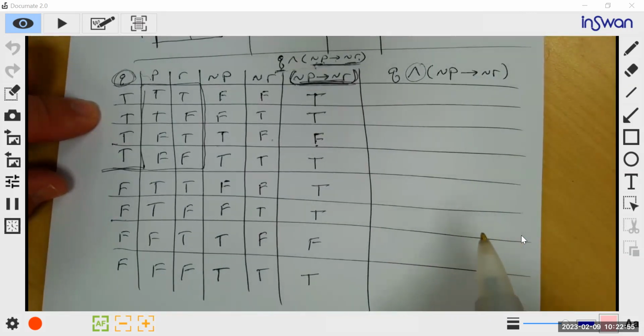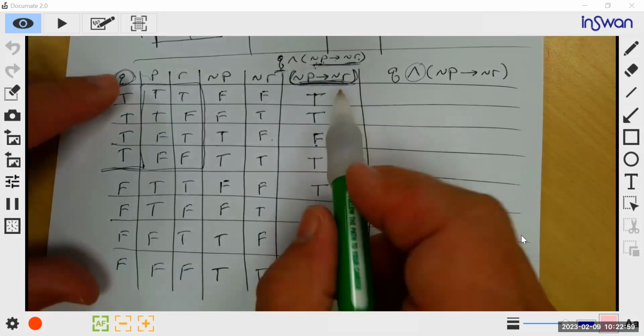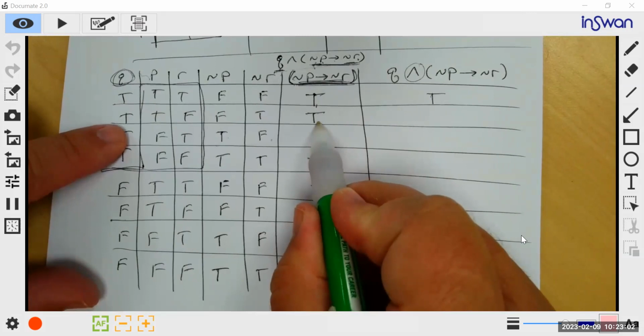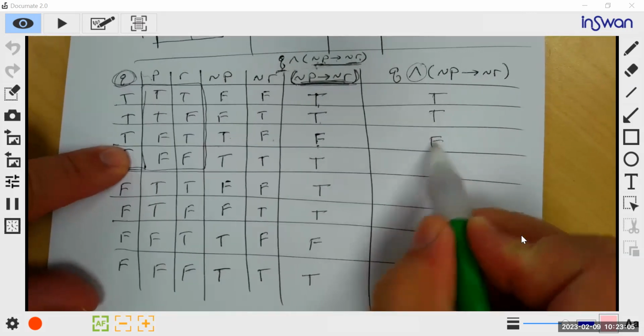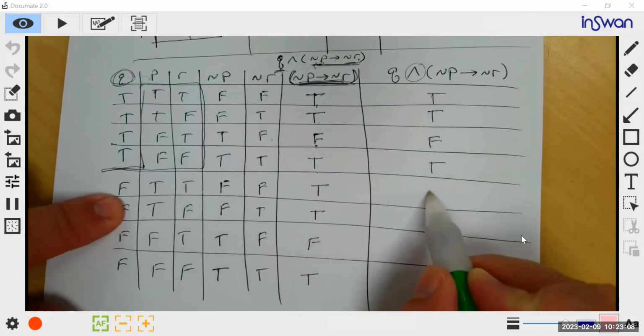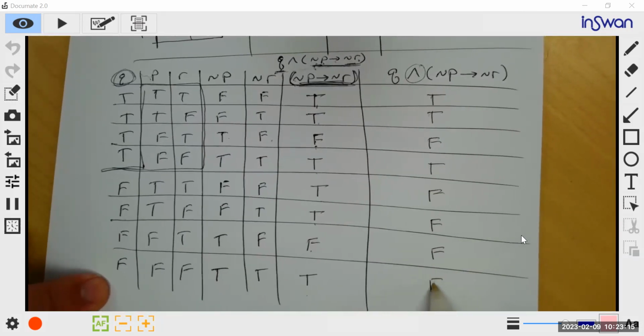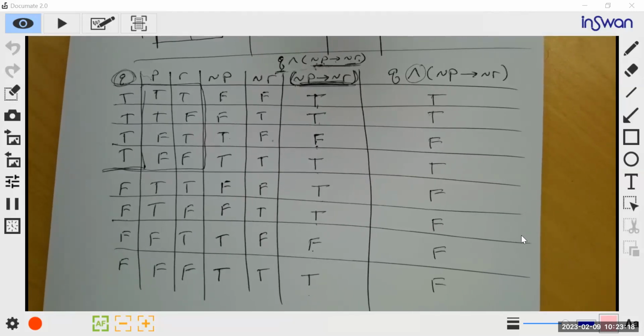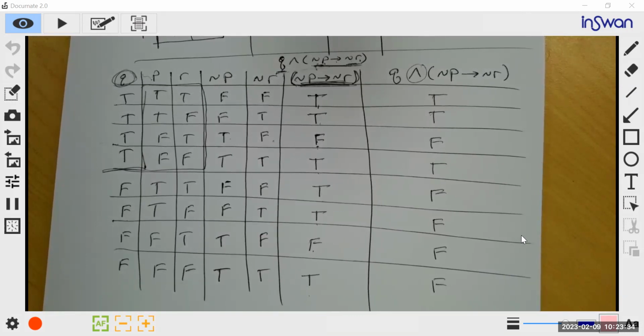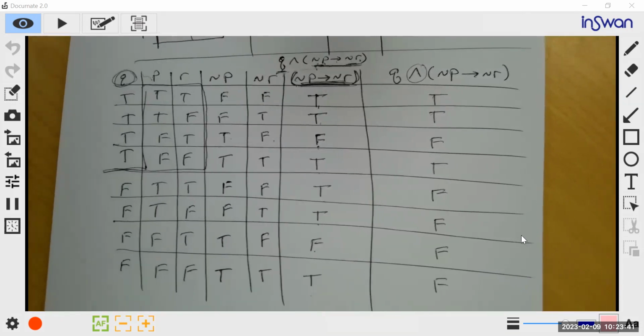And the only time it's true is if they're both true.